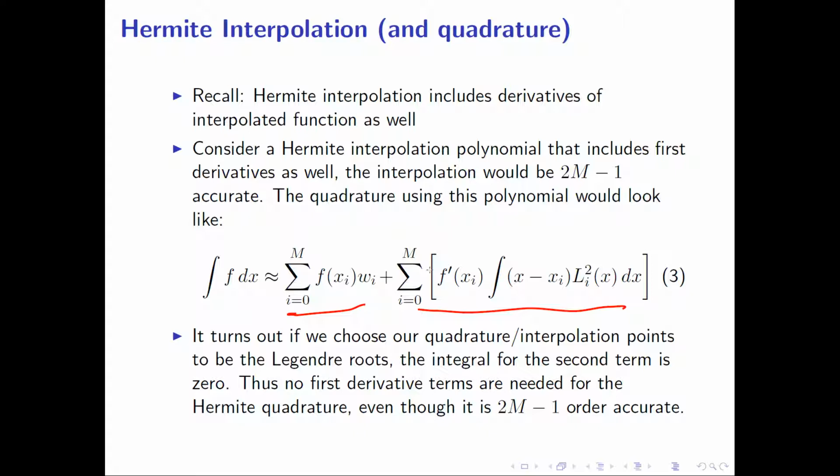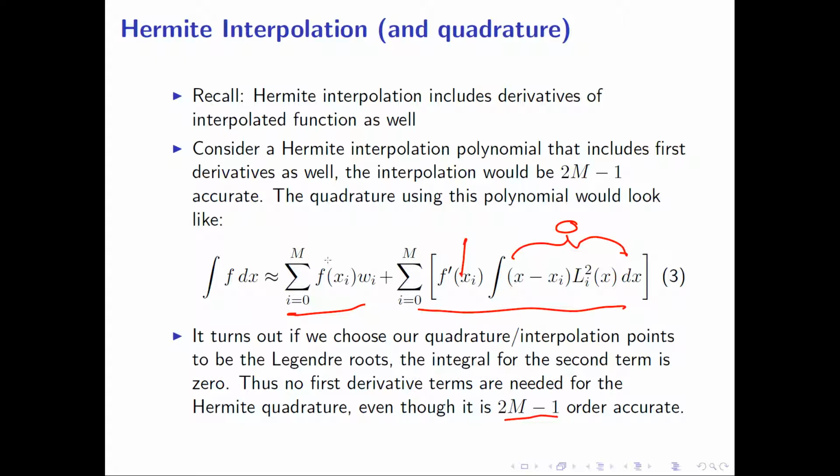It turns out, though, if we choose our quadrature points to be the Legendre roots, this integral right here is 0. So what this means is, even though we may specify our derivative of our function at our quadrature points, it doesn't matter because ultimately they're 0.